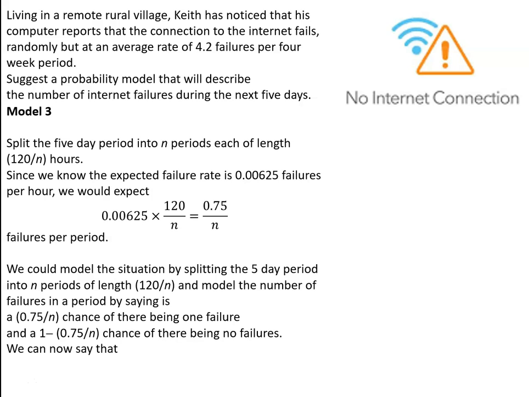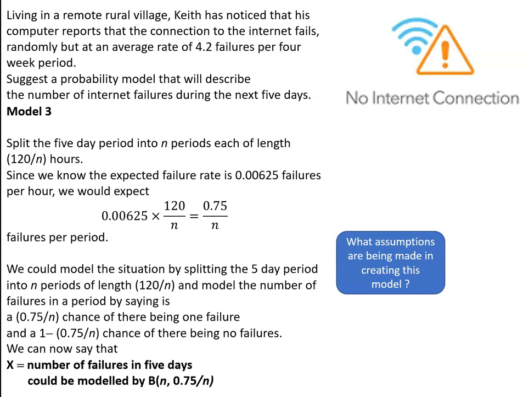So that the number of failures in 5 days can be modelled by a binomial distribution with n periods, and the probability of there being a failure in any given period is 0.75 over n.